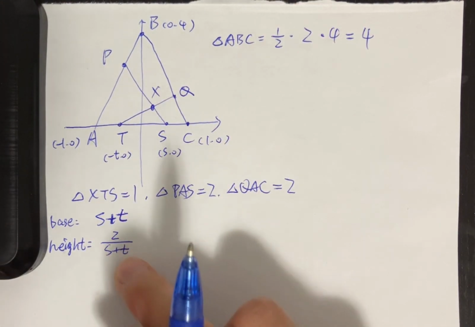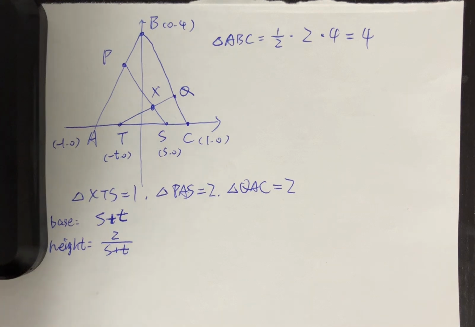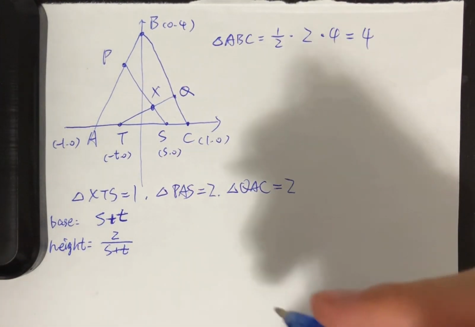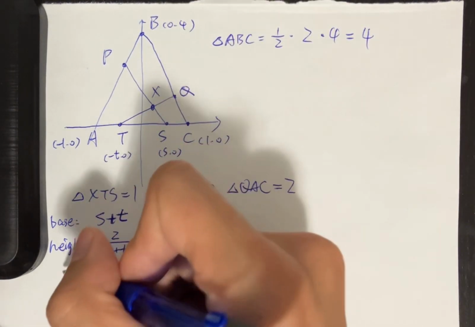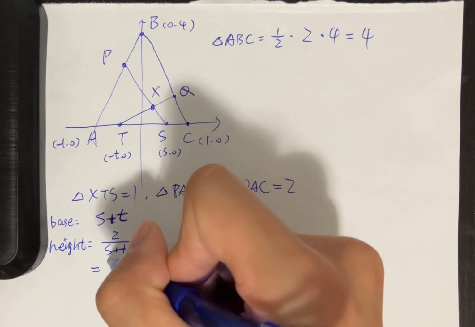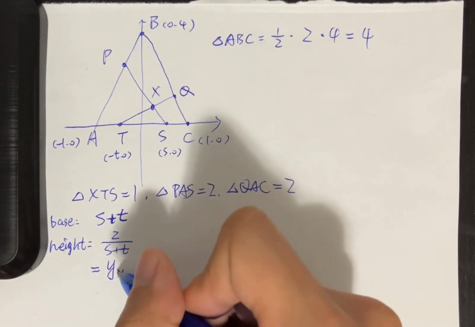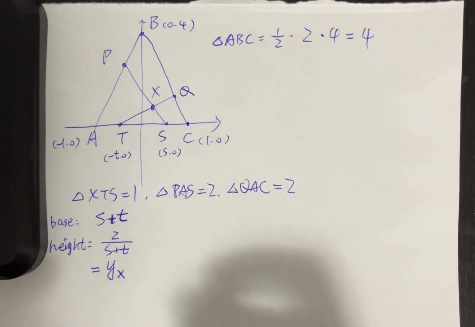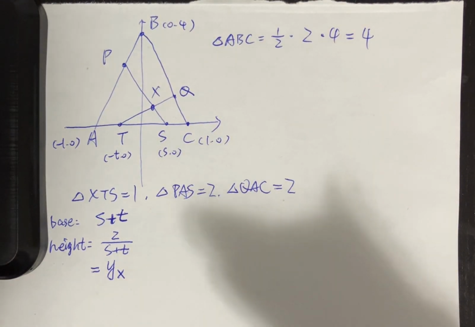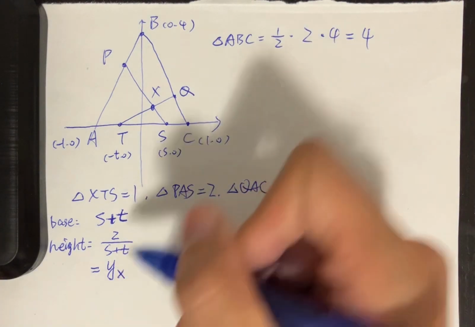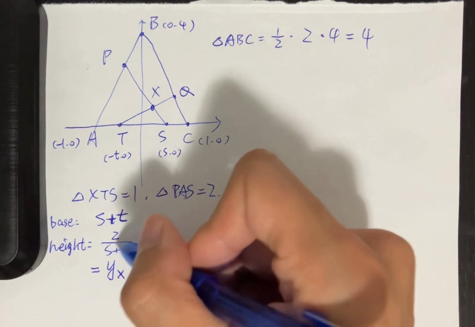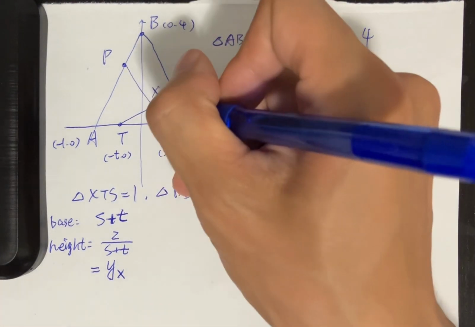The height is nothing but the y-coordinate of point X, which I will write as y_X, where the X is uppercase. The point has a y-coordinate. How high is it? It is at the height of y_X, which is just 2 over S plus T, because this is the height of the triangle.